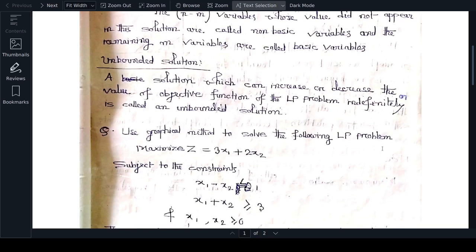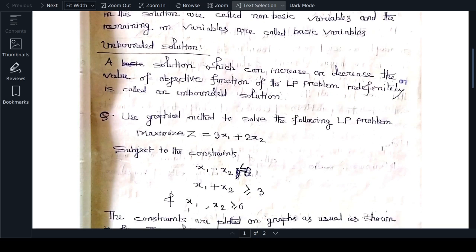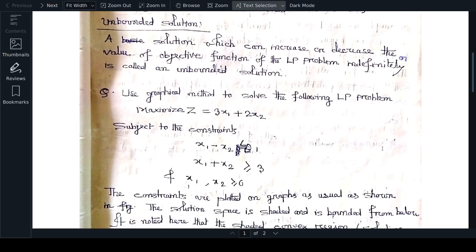The next heading is unbounded solution. Just from its name, what do you say? Unbounded solution means, sir, it's not bounded by any range, there's no limit.